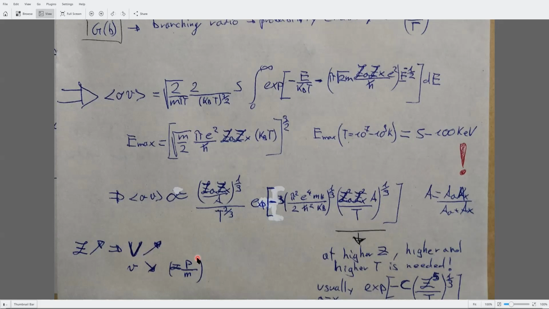So as we saw, it depends on both sides. The probability depends on the energy of the particle, that is connected also with the velocity.